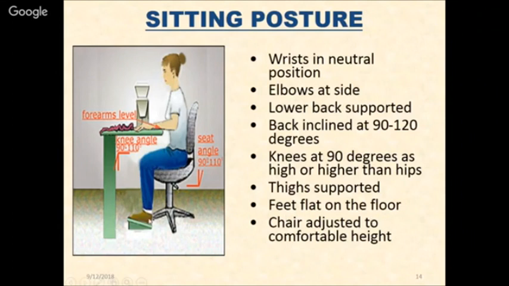Feet flat on the floor. Okay, so this type of arrangement. Some of the workers were using their own makeshift things, and some were just putting their feet on the ground. Chair adjusted to comfort. So the chair which they found and purchased, as they suggested, was an adjustable chair.